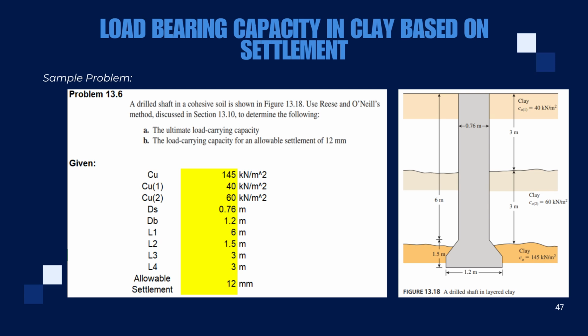Given that Cu is equal to 145 kilonewton per meter squared, Cu1 is equal to 40 kilonewton per meter squared and Cu2 is equal to 60 kilonewton per meter squared, Ds is 0.76 meter and dB is equal to 1.2 meter, and L1 is 6 meter, L2 1.5 meter, L3 is 3 meter. Also, L4 is 3 meter.